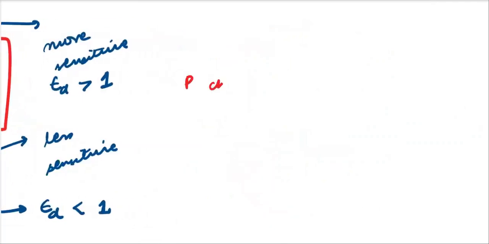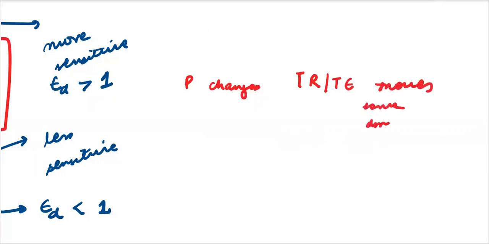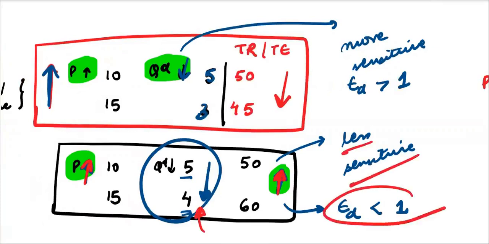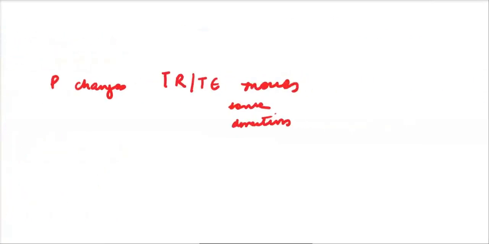Whenever price changes, if total revenue or expenditure moves in the same direction, which means when price increases, if the expenditure is increasing in the background, this means that you were less sensitive. So elasticity is less than 1.